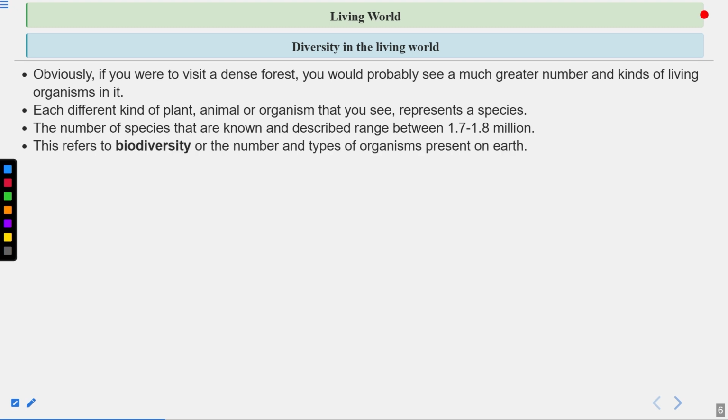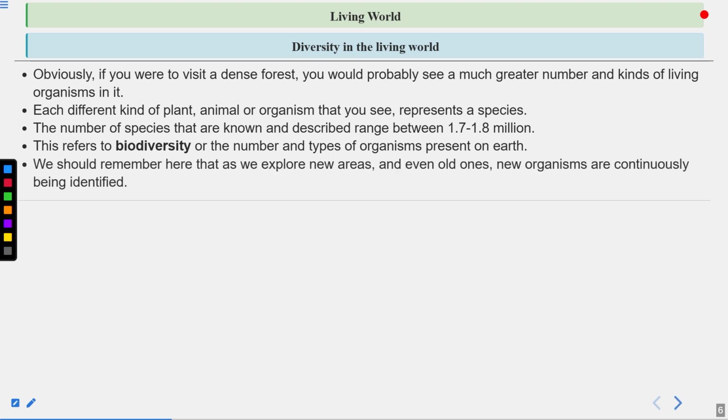Now this refers to biodiversity. So what is biodiversity? The number and type of organisms present on the earth. Biodiversity includes these two things: number and types of organisms present on the earth. We should remember here that as we explore new areas and even the older ones, new organisms are continuously being identified.